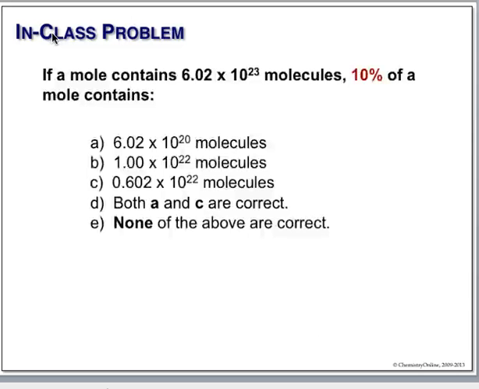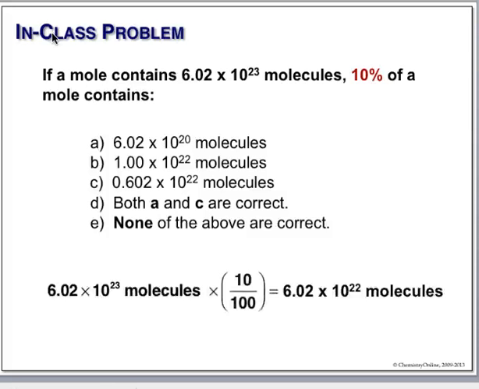It's a ratio, isn't it? 10 parts for every 100. So what we're going to do is take our given and multiply it by this ratio, 10 parts per 100. When we do that, we simply move our decimal over 1, to 10 to the 22nd.